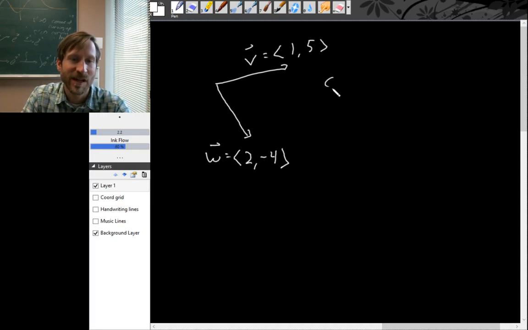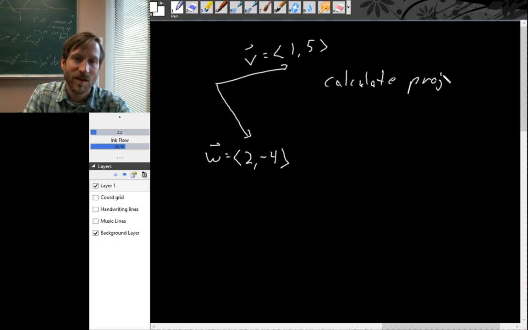Let's calculate the projection onto w of v.